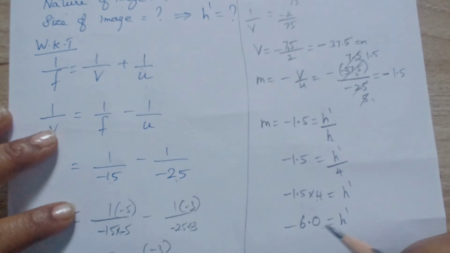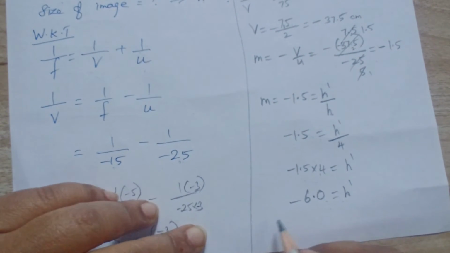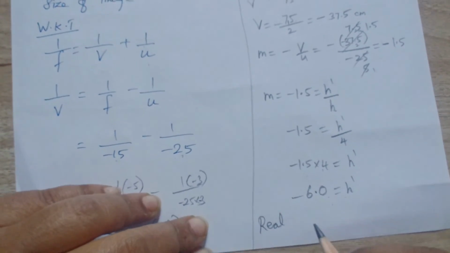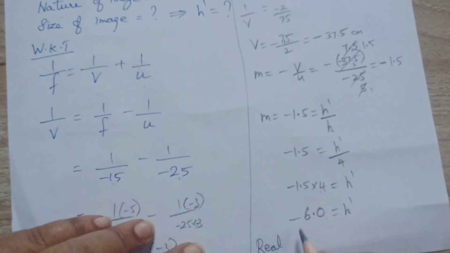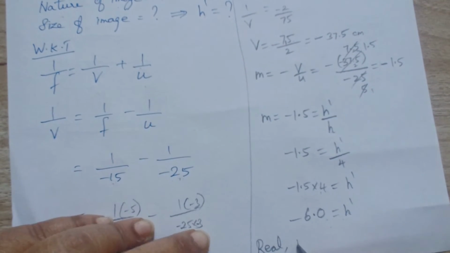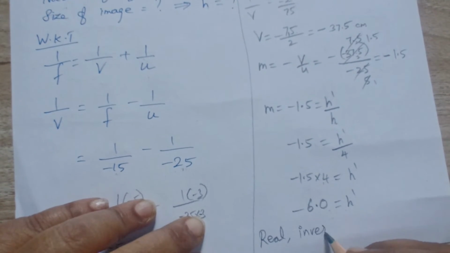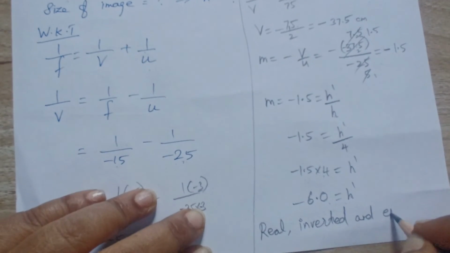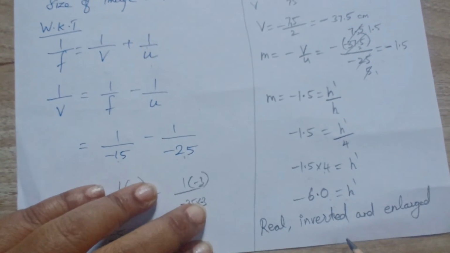You got 6. So it shows that your image will be real because it falls in front of the mirror. So it is real, inverted, since it got minus 6, it is inverted, and enlarged in size.